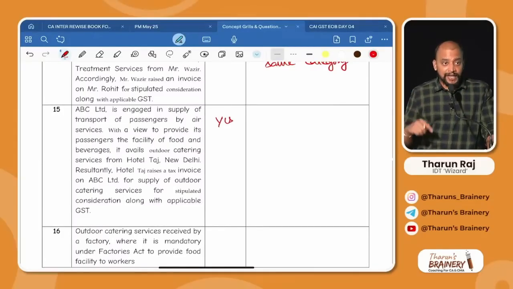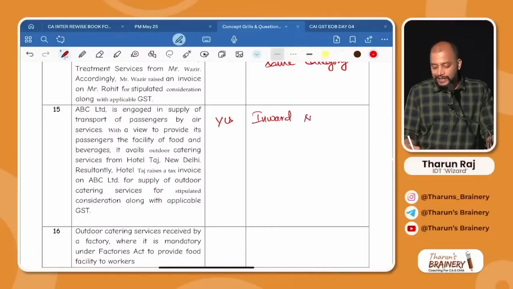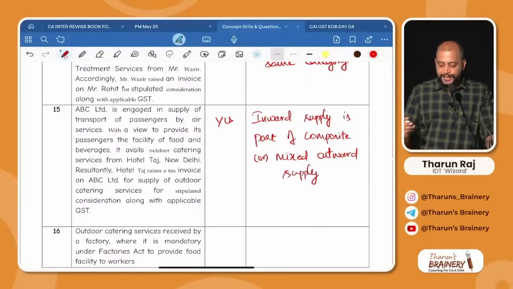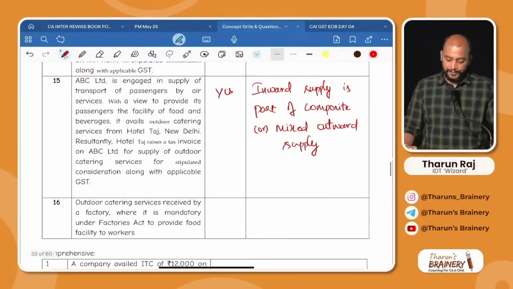Because the inward supply is part of a composite or mixed outward supply. Due to that reason, ITC is available.